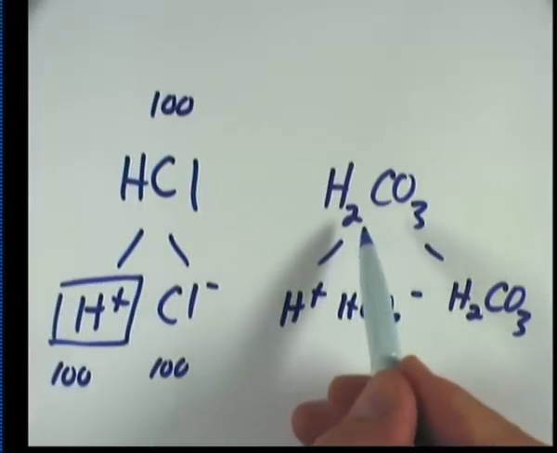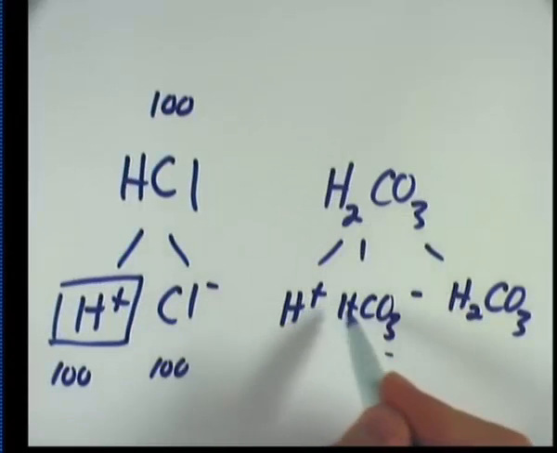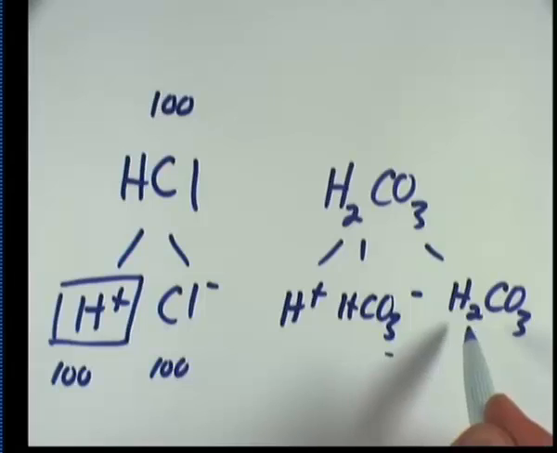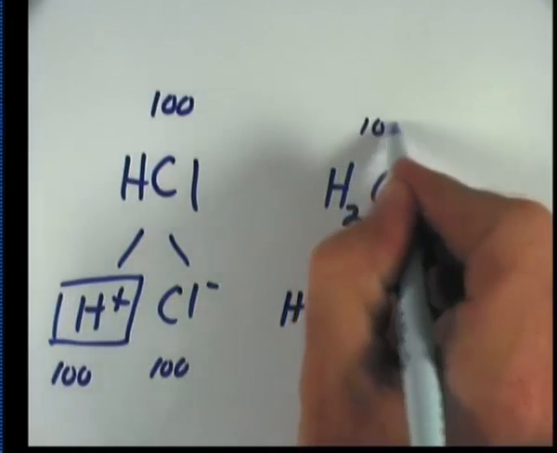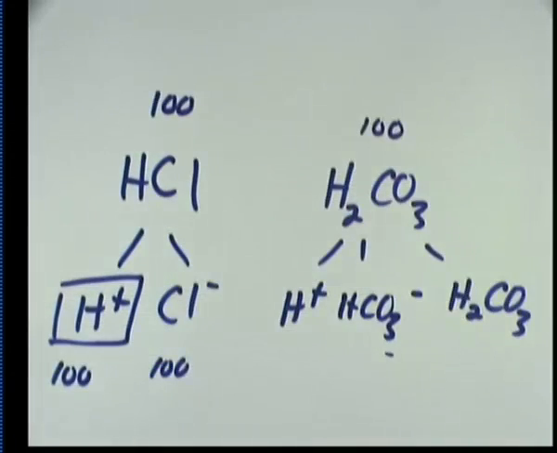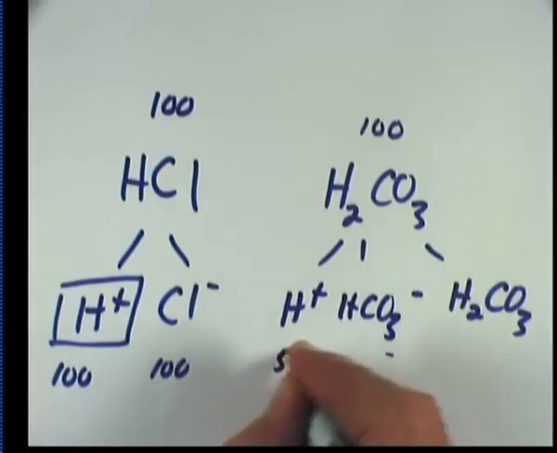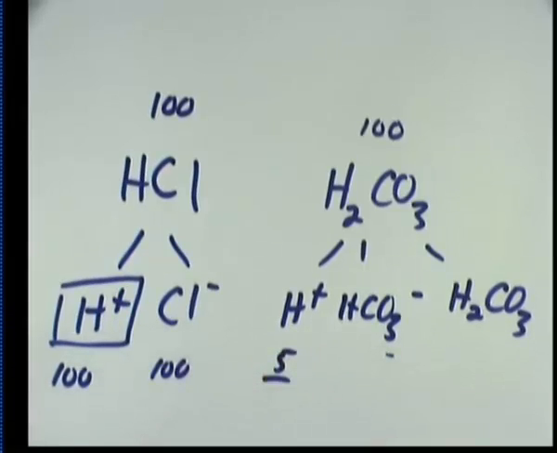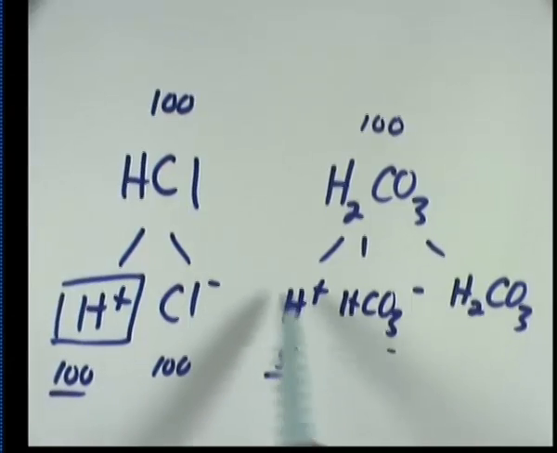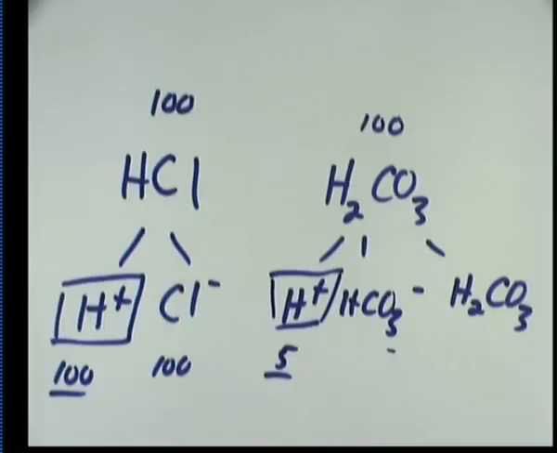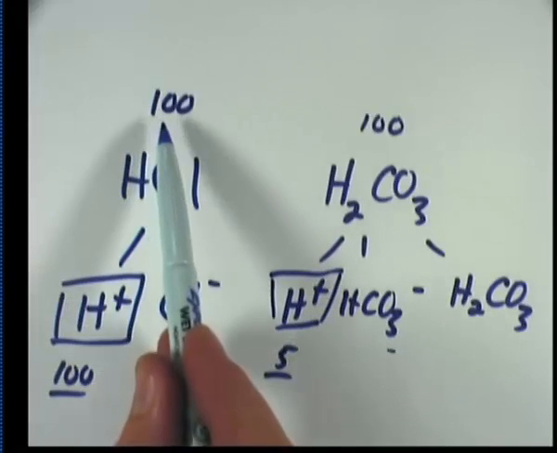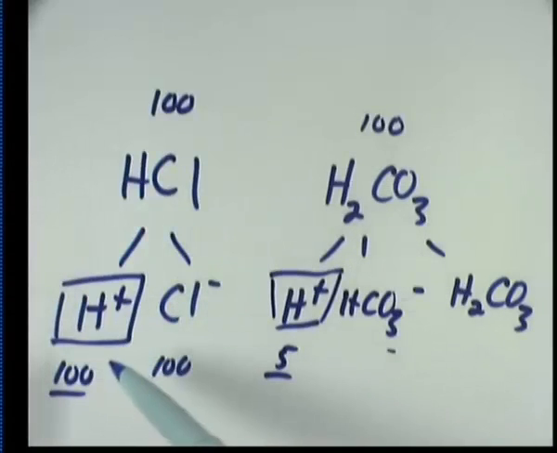Versus in this scenario, we get some of these, but some did not dissociate. And somewhere around, if I put 100 of these in solution, I only get 5 of those. Well, when I'm measuring acidity, I'm measuring how many of these hydrogen ions I have. What's its concentration? If I put 100 and I get 100 out, that gives me a lot of hydrogen ions.